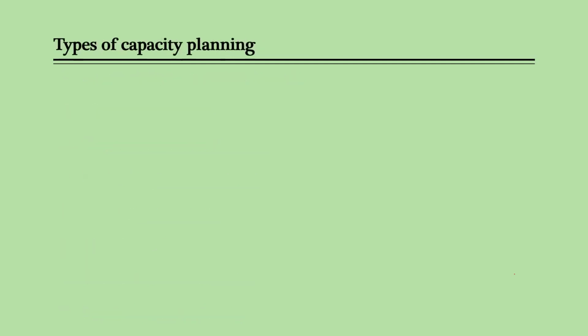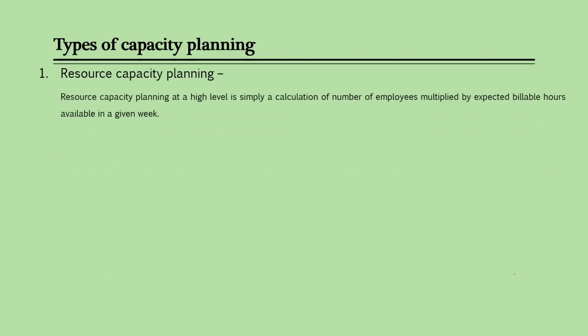Now let's see what are the types of capacity planning. The first one is resource capacity planning. Resource capacity planning at the higher level is simply a calculation of the number of employees multiplied by expected billable hours available in a given week, which means resource capacity planning focuses fully on the number of employee labor hours.